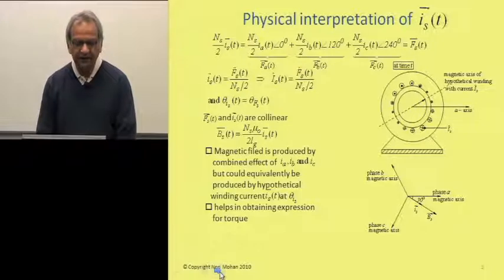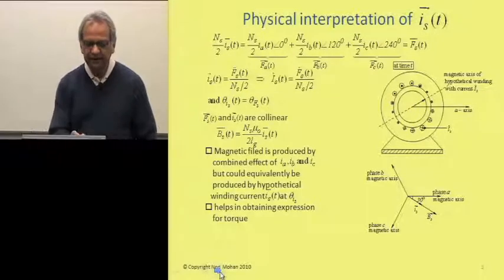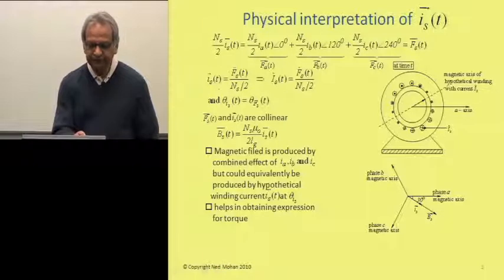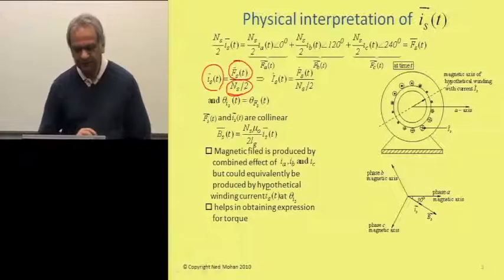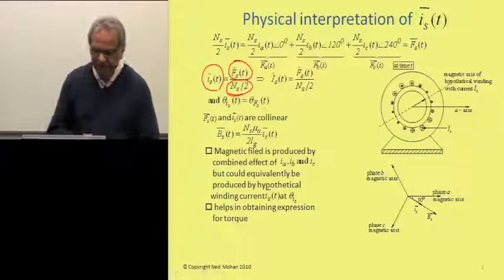And so we see that the stator current space vector is related to the MMF space vector by this number of turns over 2 factor.